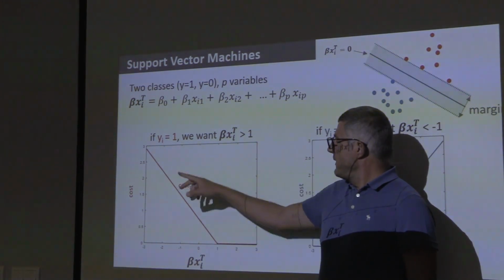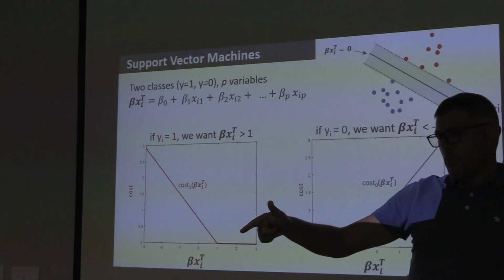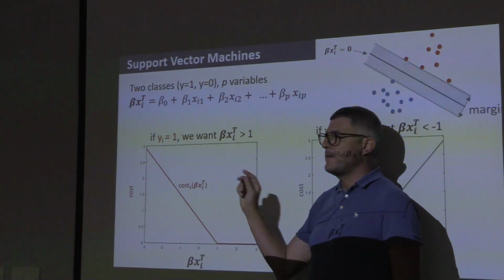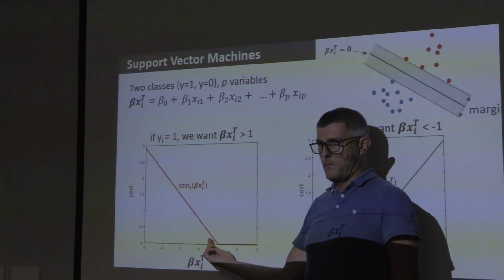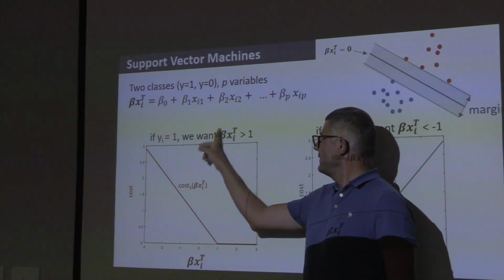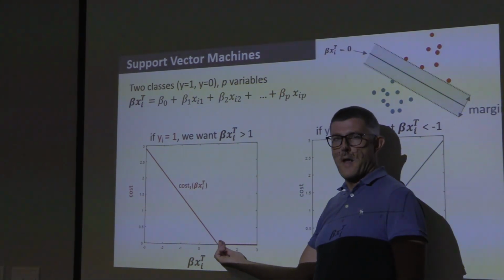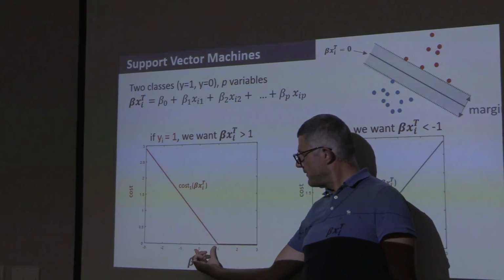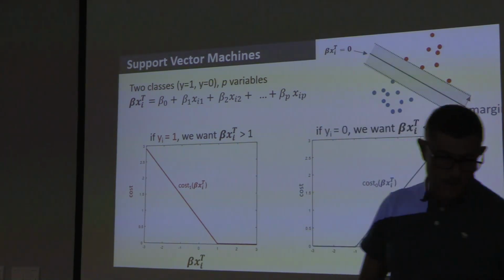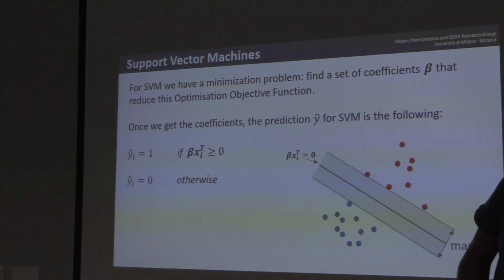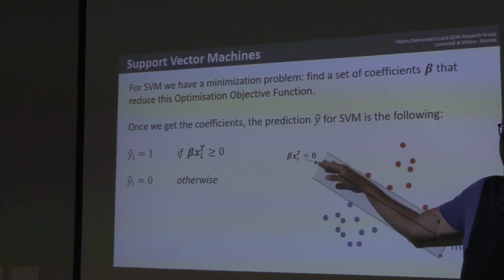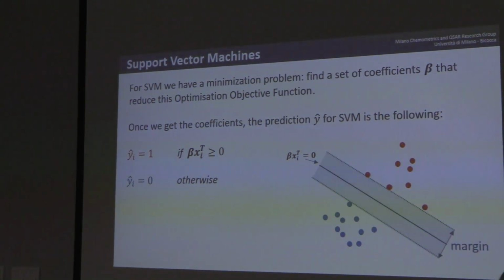We say that when you predict a new sample, the sample is predicted as red, 1, if the linear combination is higher than 0. But the cost function says that it is better if this linear combination is higher than 1. So we try to not have samples here, to maximize the distance between samples and the threshold between the two classes.